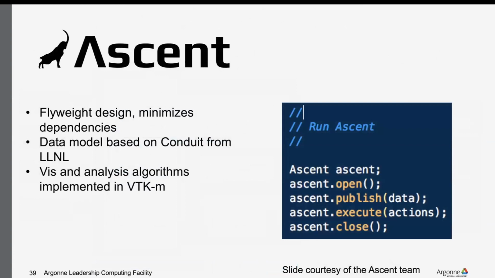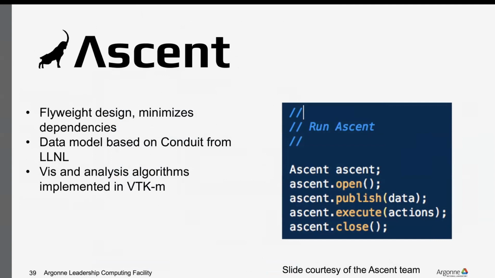As I mentioned, Ascent is one of the in situ frameworks there. And what I want to show here is that if you want to use in situ visualization analysis in your code, you will need to instrument your code. You will need to add a few lines of code. The idea in Ascent is that what you add is lightweight, so you don't add huge libraries to your code, because there's always the worry that they may break your simulation, right?